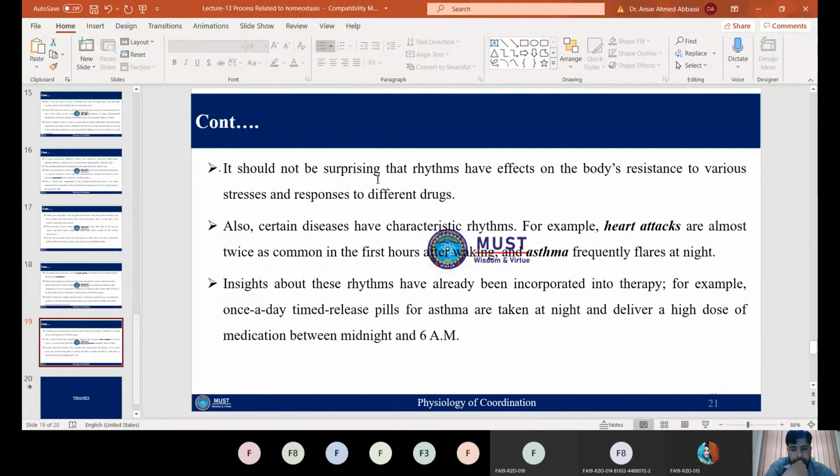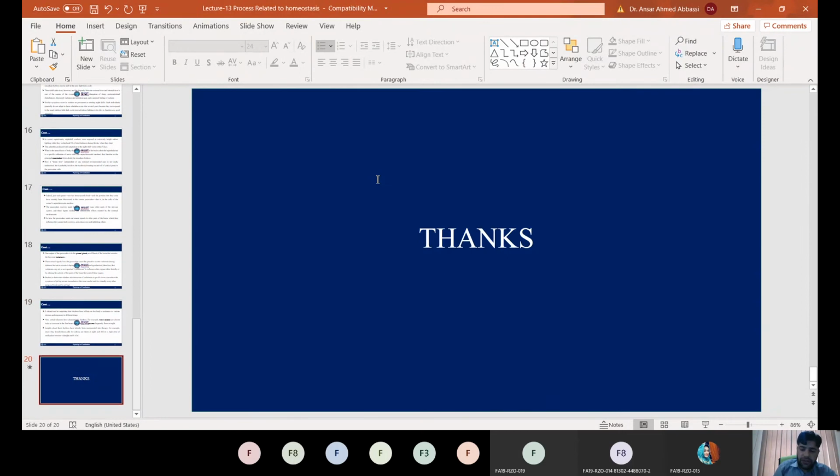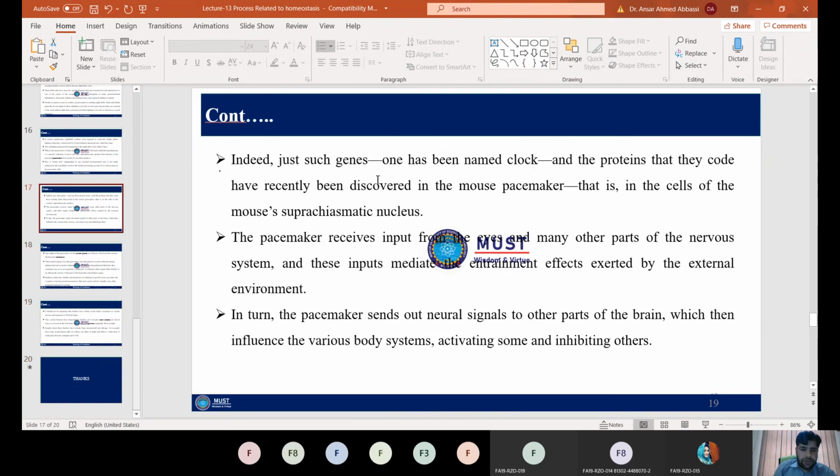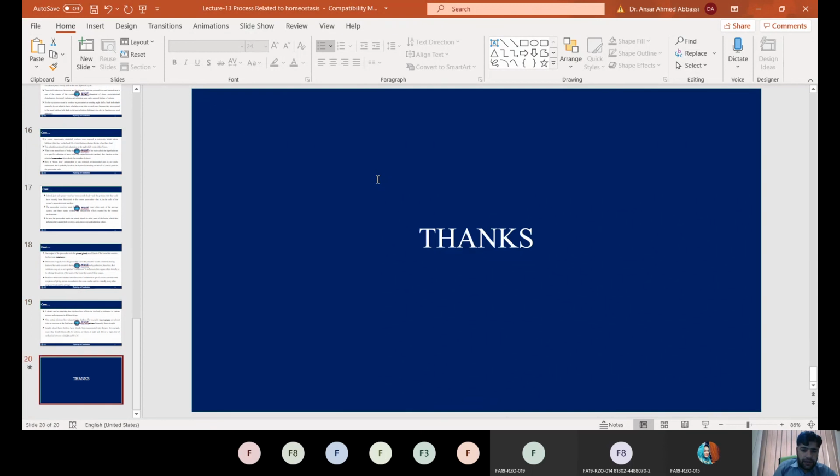If they are used during the night time, they can decrease the severity of the disease. So this is all about the biological processes. These are two processes. In the upcoming lecture, we shall discuss some additional processes which also have an important role in the process of homeostasis.